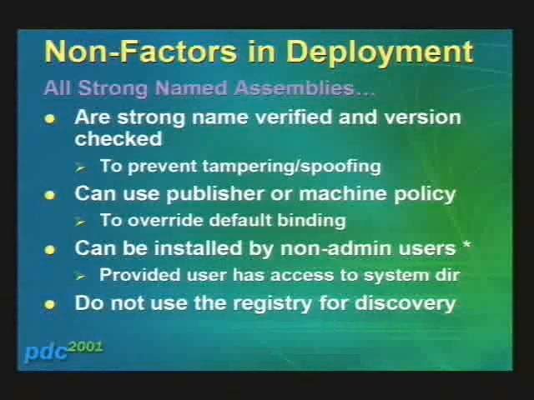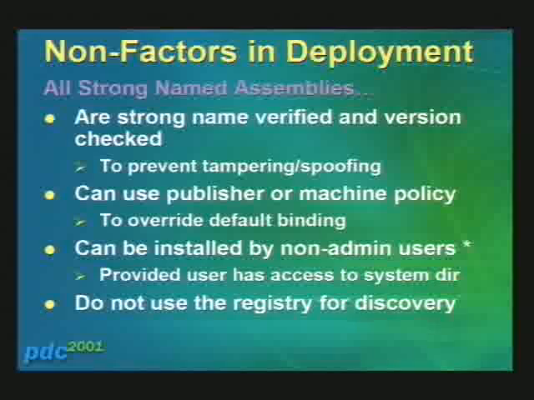They can all be installed by non-admin users. Now, Don pointed out on Monday that you have to be an admin to actually install things in the GAC. It's somewhat true. You don't actually need to be an admin to install things in the global assembly cache. But the global assembly cache is under the Windows directory, and typically only admins have access to that directory.